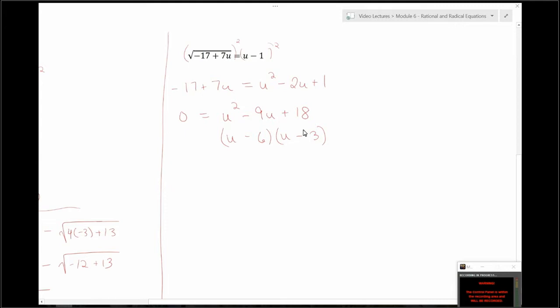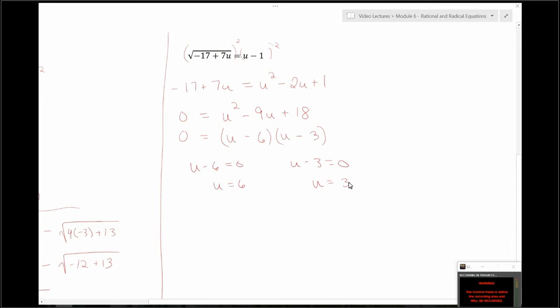So go ahead and try to find and factor this. We wanted two numbers that multiply to be 18, add to be negative 9. You can see I went through them in my head and I found 6 and 3. So I can solve these separately. Get u equals 6, u equals 3.